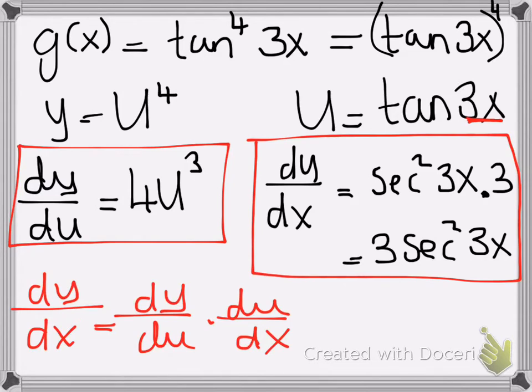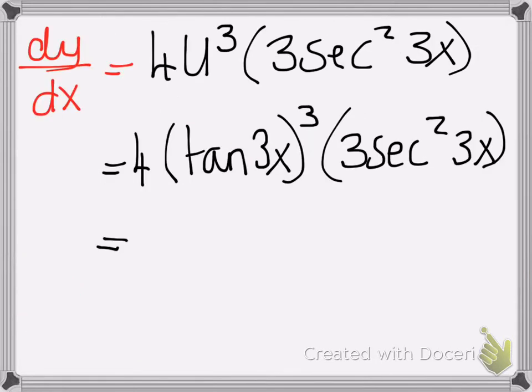Next, substitute dy du and du dx into your chain rule formula. dy dx is equal to dy du multiplied by du dx, and you get 4u cubed by 3 sec squared 3x. Substitute back in for u, and we get tan 3x, so it's 4 times tan 3x cubed by 3 sec squared 3x. Let's tidy this up now.